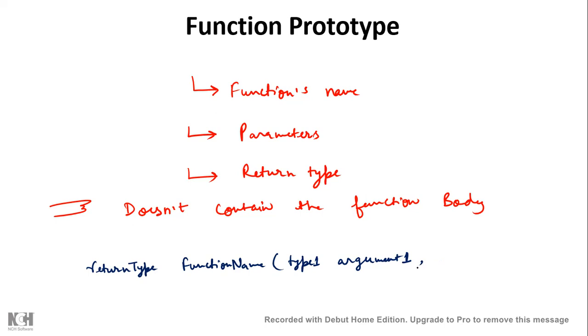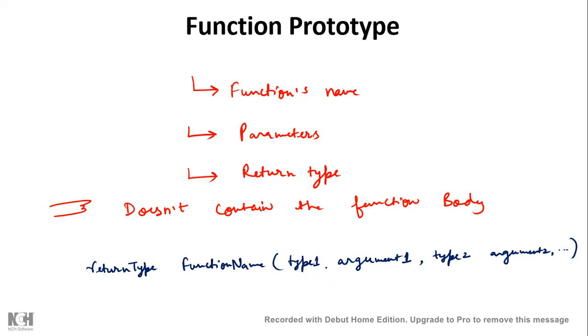I'm intentionally writing type 1 and argument 1, then type 2 and argument 2. That means in a function, the first argument can be of one type and the second argument can be of a different type as well.